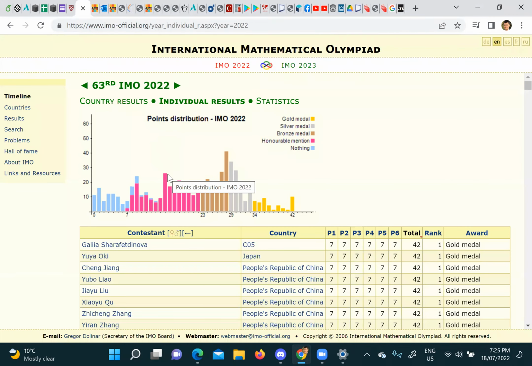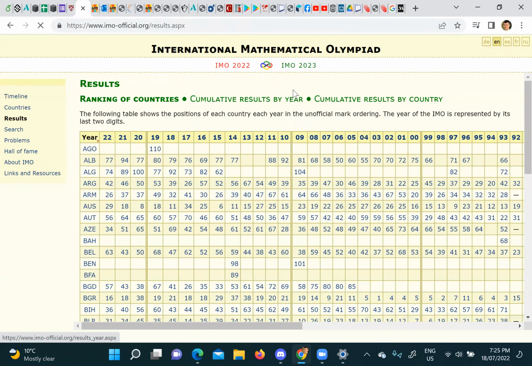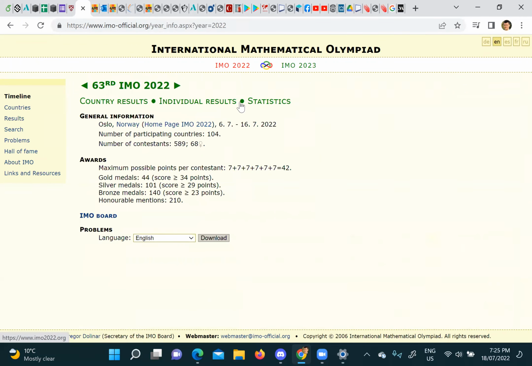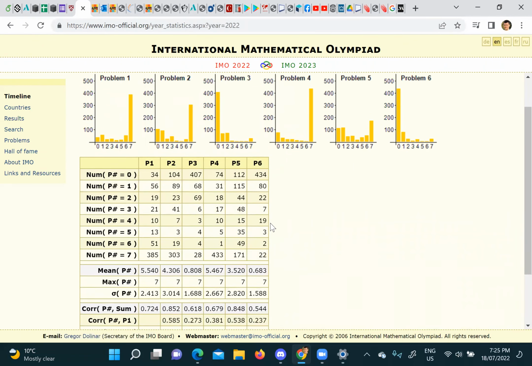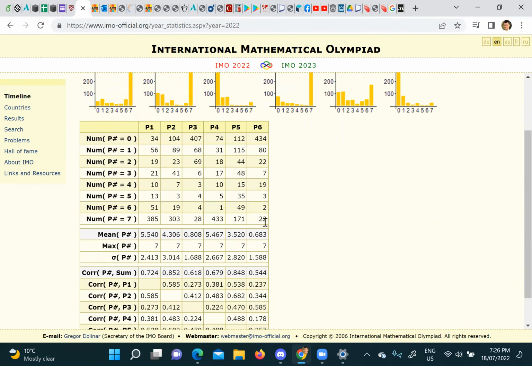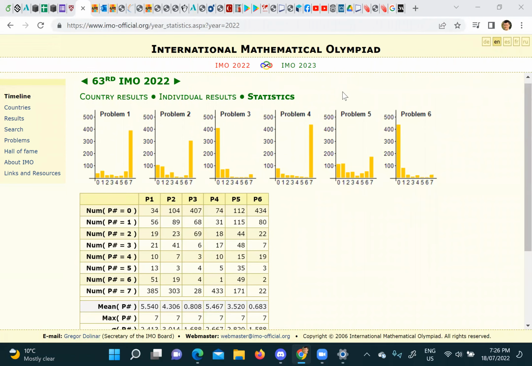Actually pretty close, so I can't really continue this discussion much further. You look at the stats, problem 6: 22 people solved it completely out of all the people that went. So there was 600, maybe 500, how many people total?